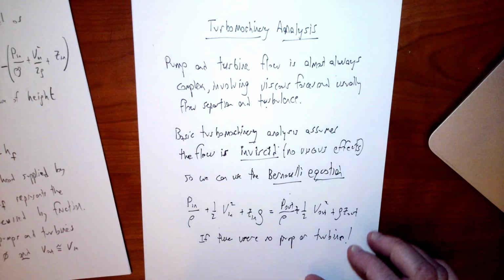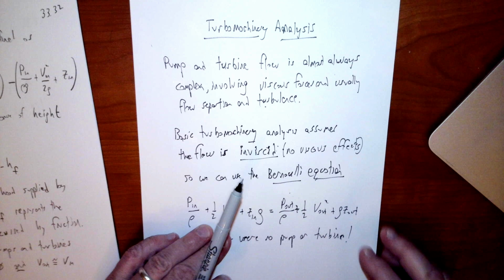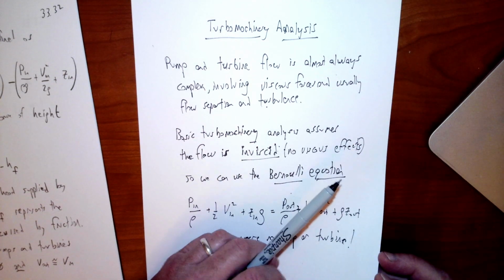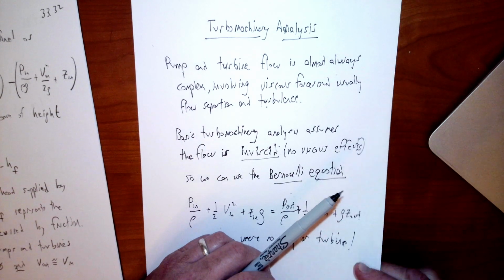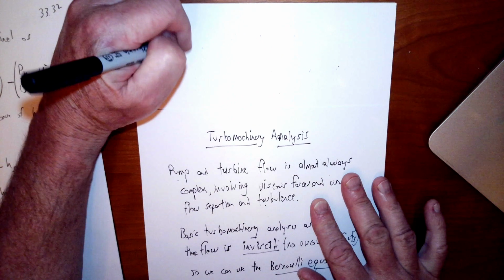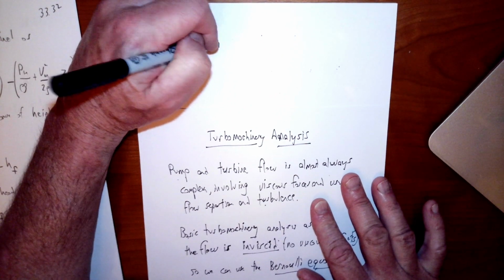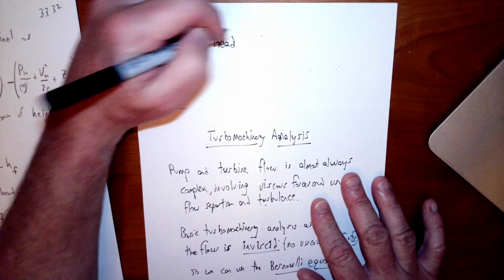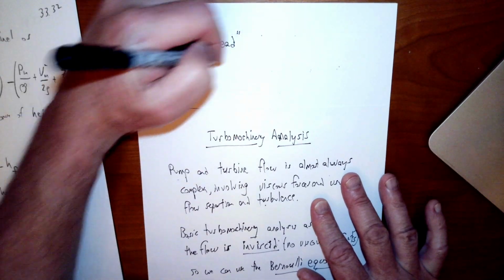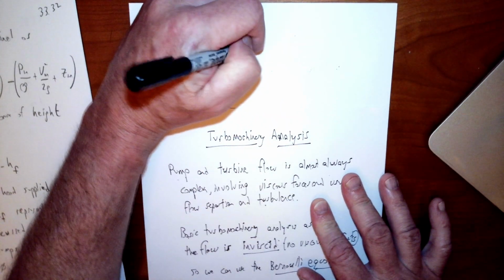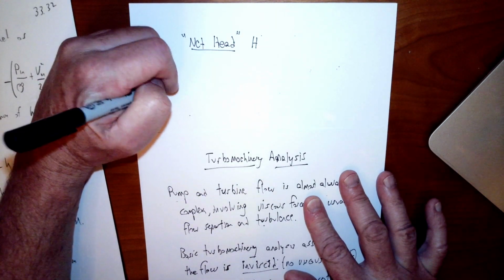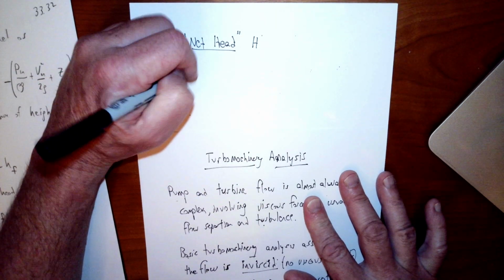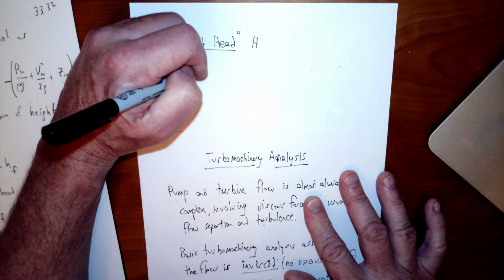We saw that the Bernoulli equation came right out of conservation of energy. So we're now going to characterize that change by a number, which we're going to call the head. The net head is going to be the main parameter that we use in pump analysis, net head, and its symbol is big H. And the definition of the net head is exactly this change that we just indicated was going to happen if you had a turbine or a pump.